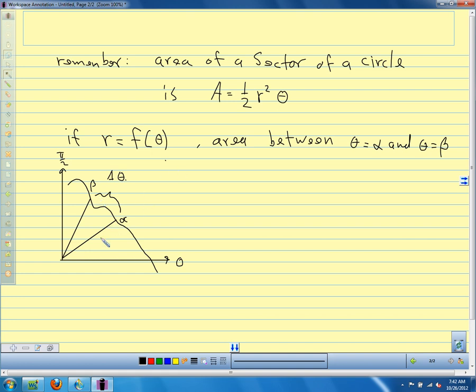And at θ equals α we have some radius r sub i. So we're going to add the areas of these little sectors, and we're going to say Δθ is very small.